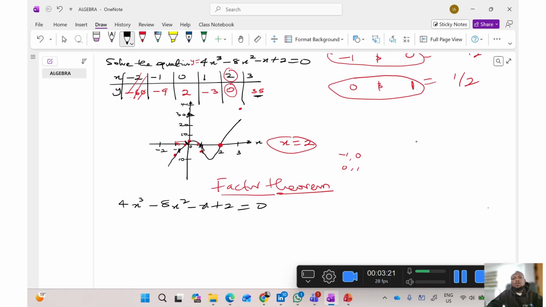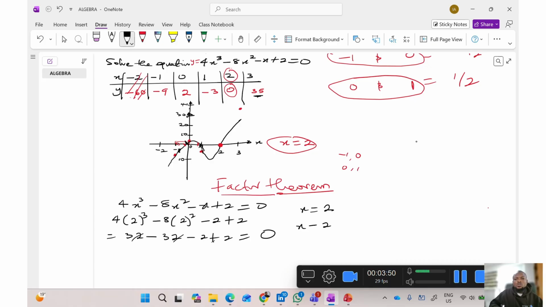So 4 times 2 cubed minus 8 times 2 squared minus 2 plus 2. 2 cubed is 8, 4 times 8 is 32. 2 squared is 4, 8 times 4 is 32, minus 2 plus 2. You can see that this gives me 0. So that implies that x equals 2 is a solution and x minus 2 is a factor. I hope you understand that.